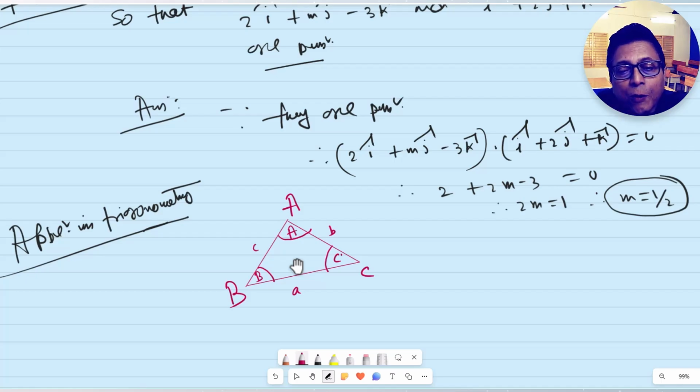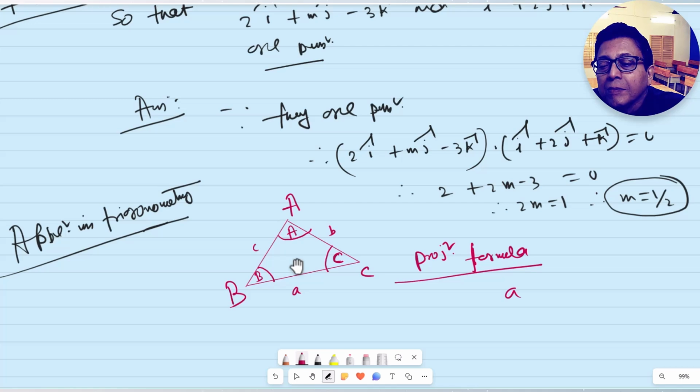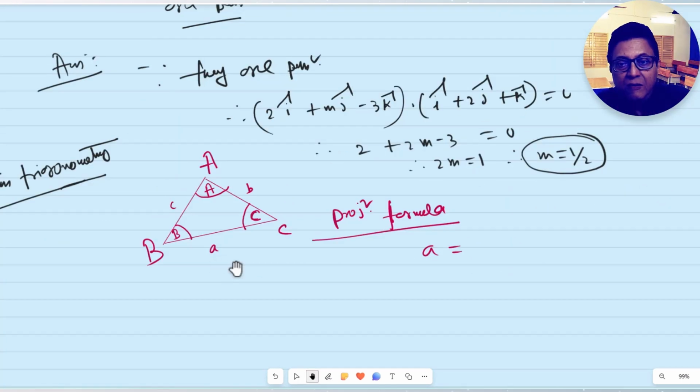Then we can prove the projection formula, that is, A equals B cos C plus C cos B.